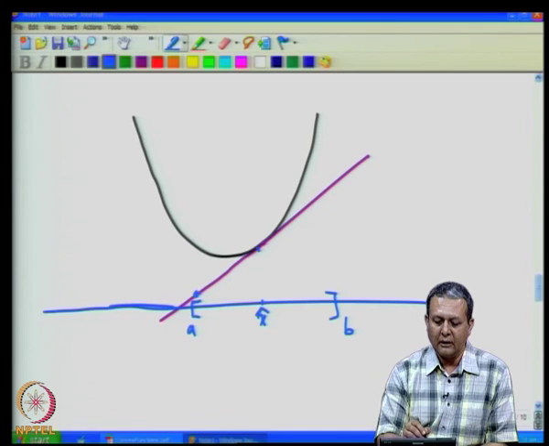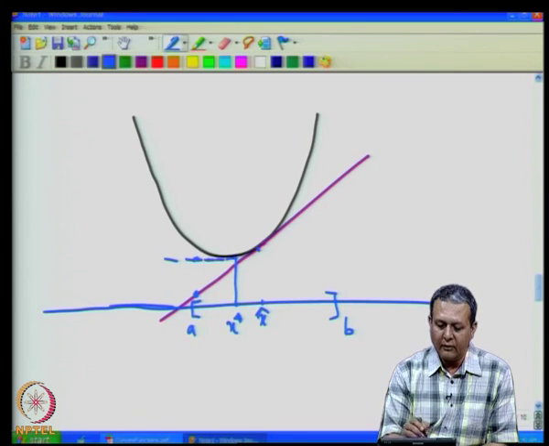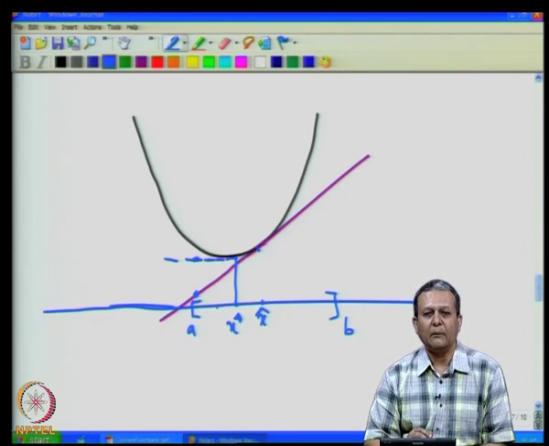Now, the result that we have seen says that this gives a lower bound on the optimal objective function value. So, the optimal point of this is our x star, and the optimal objective function value at this point is this, but then we get a lower bound on the optimal objective function value by using an affine approximation of f at x hat.